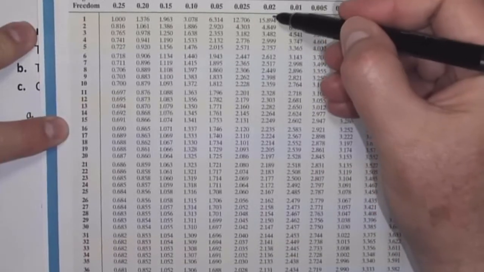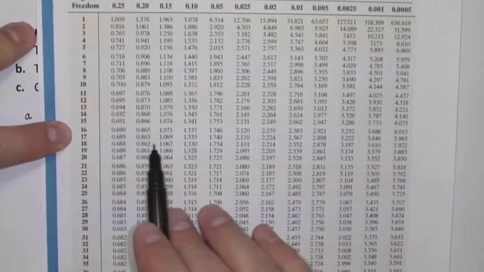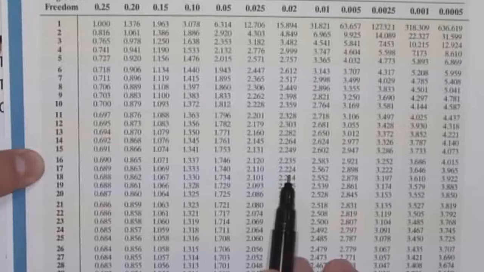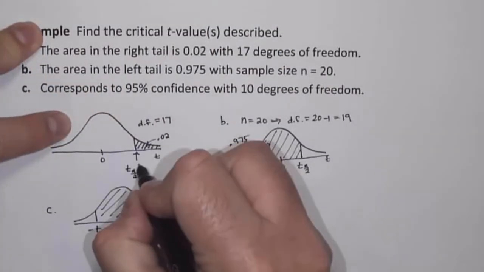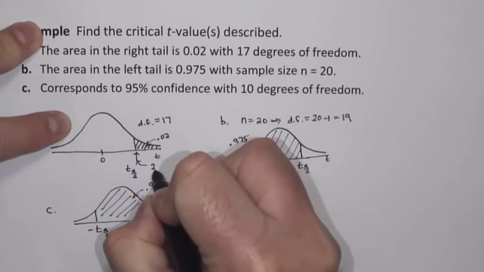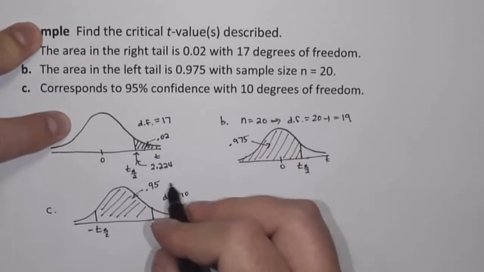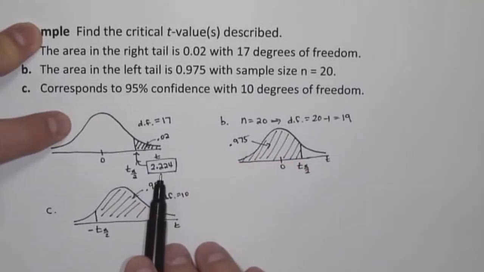So I'm going to come down this column to 17 degrees of freedom. And so I get this value right here, 2.224. So this critical value right here is 2.224 if I have 17 degrees of freedom. So there is my answer to Part A. That critical value is 2.224.